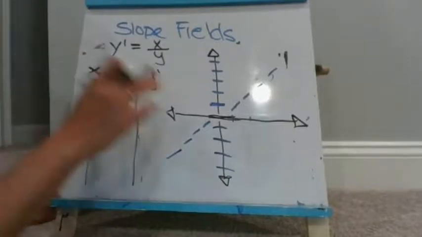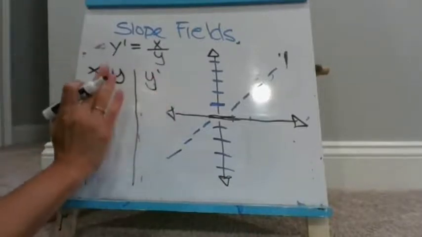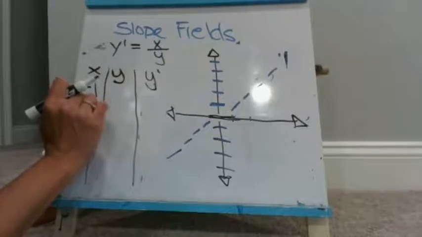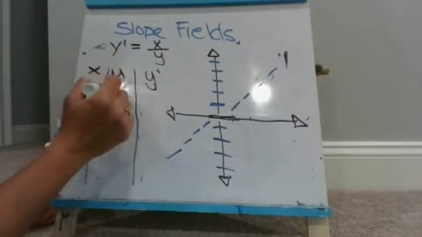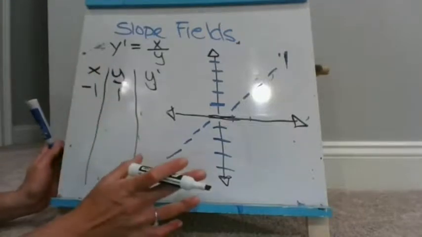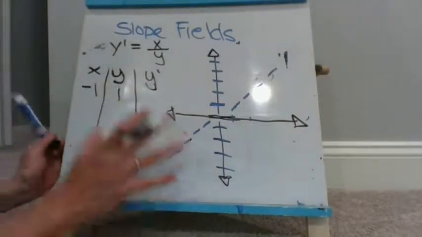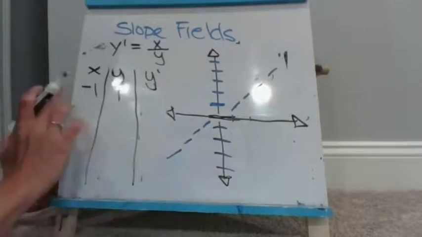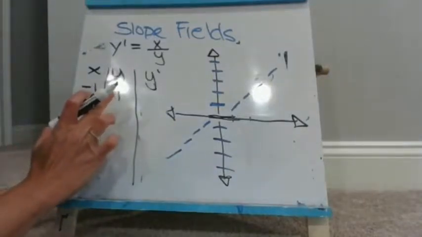All right, so now let's see what happens if I look at -1 and I'll make y +1. I'm just trying to come up with points to see, if I went around the Cartesian plane, what would the derivative look like? So -1, +1.